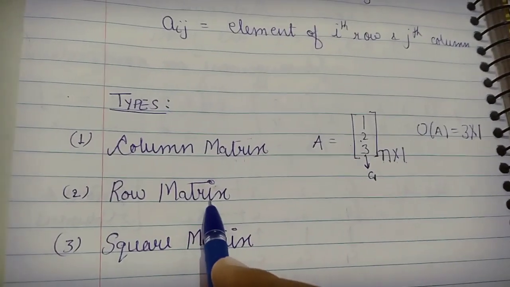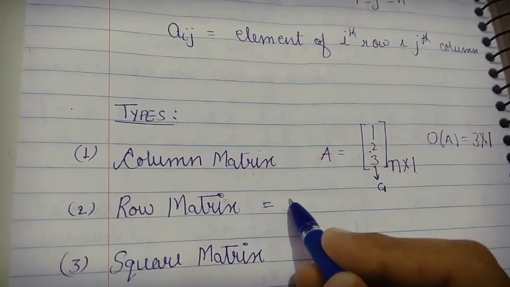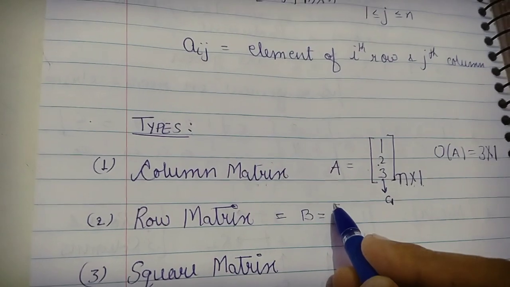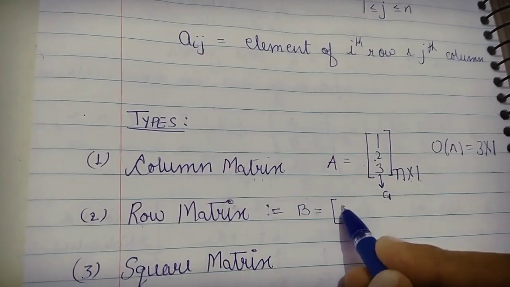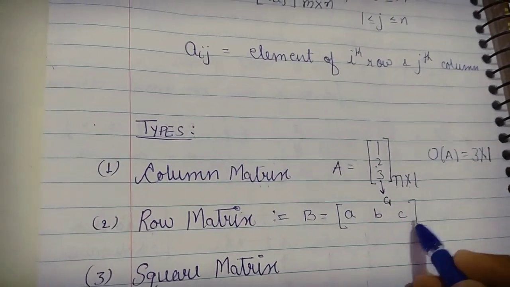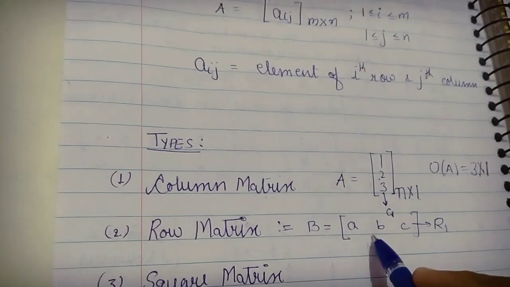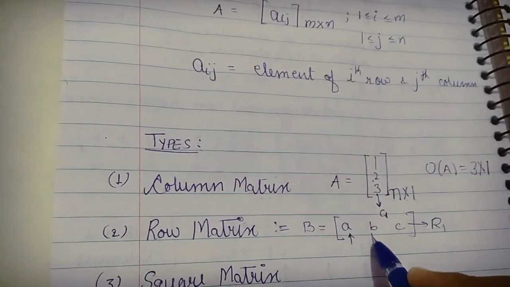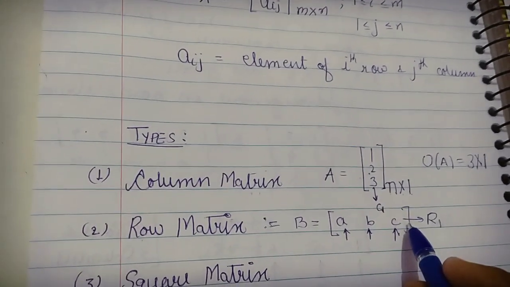Now what about row matrix? It is a matrix in which a single row will exist, single row A, B, C. In this matrix there is a single row and number of columns are 3.